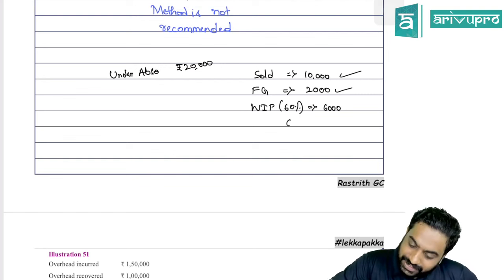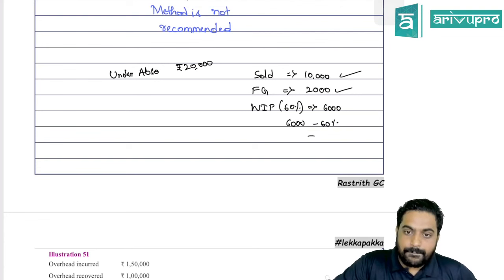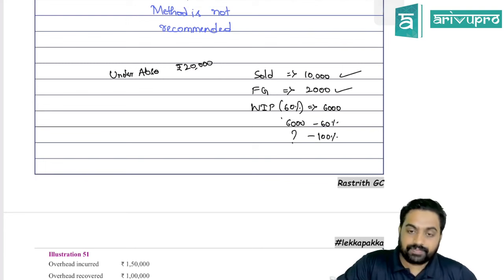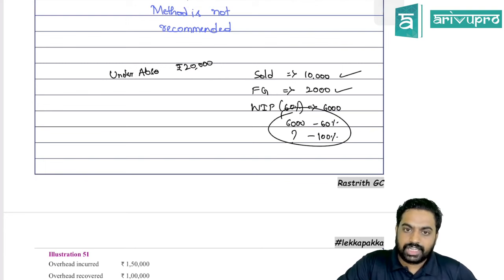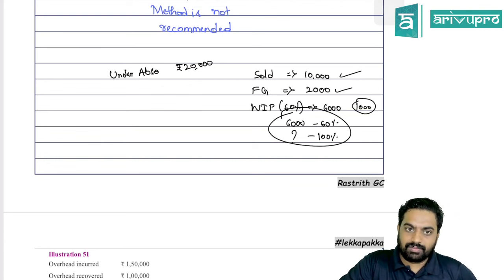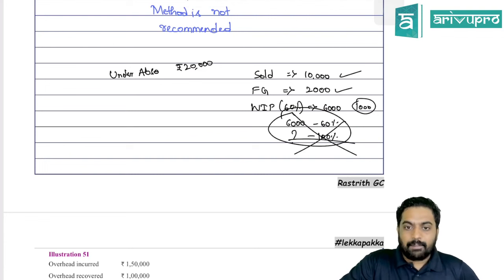That is 6,000 units at 60%; if it's 100%, basically it will come to 3,600 units. So my equivalent units are basically 13,000 units, not 18,000 units.